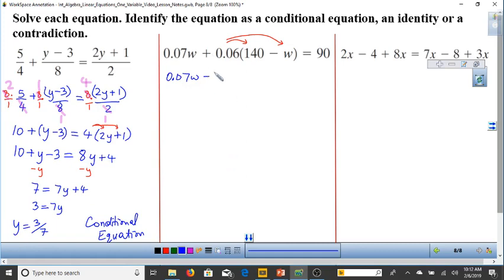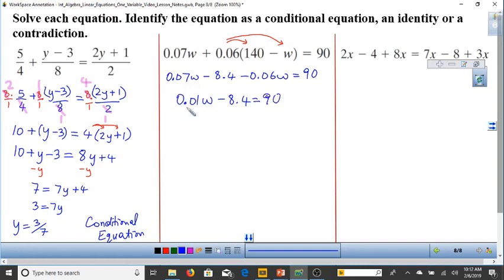So we have 8.4 minus 0.06w is equal to 90. Now when I put 0.07 minus 0.06, the w's, we get 0.01w minus 8.4 is equal to 90.